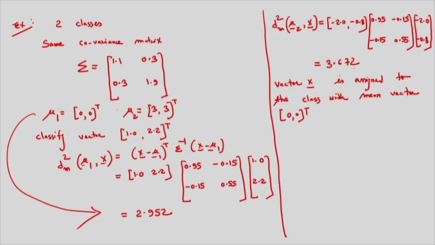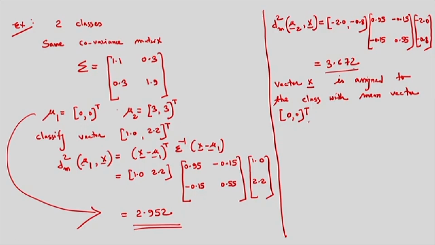Corresponding to the first mean, your minimum distance is 2.952. Corresponding to the second mean, the distance is 3.672. So then we have to consider the mean mu1, that is 0 0, so the Fisher vector is assigned to the first class.